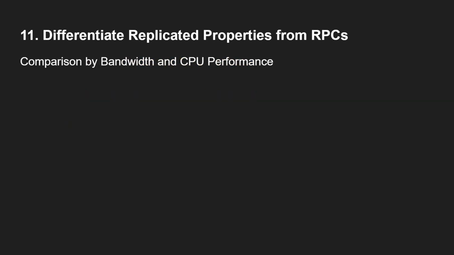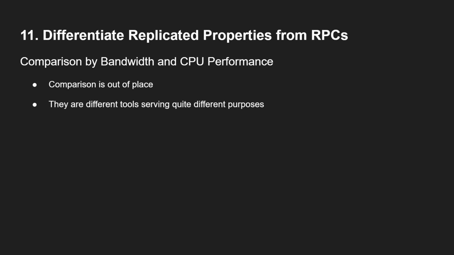And I always keep seeing people comparing these two tools, replicated properties and RPCs, based on bandwidth and CPU performance. And in my opinion, this comparison is out of place for the simple reason that these are tools that literally serve quite different purposes. If you know this, you shouldn't really be comparing them based on these stats.